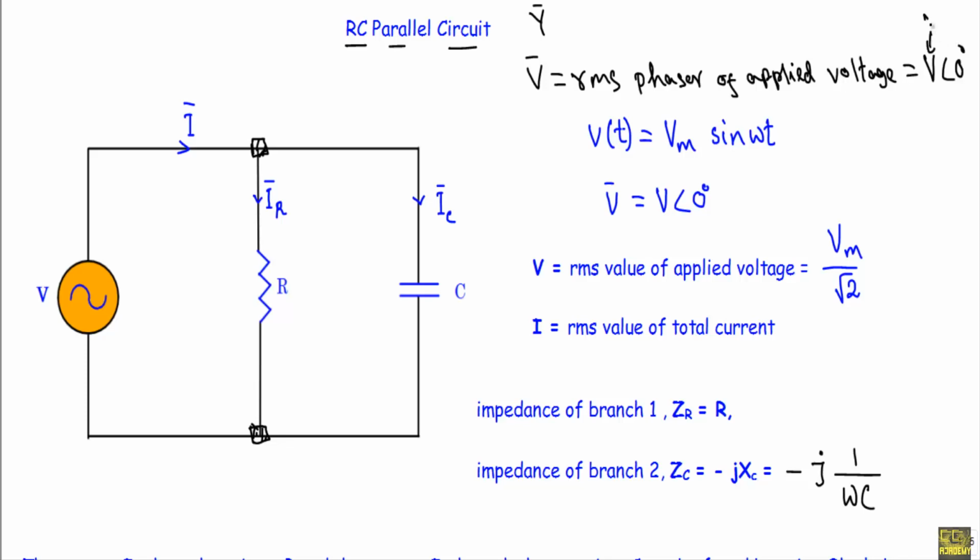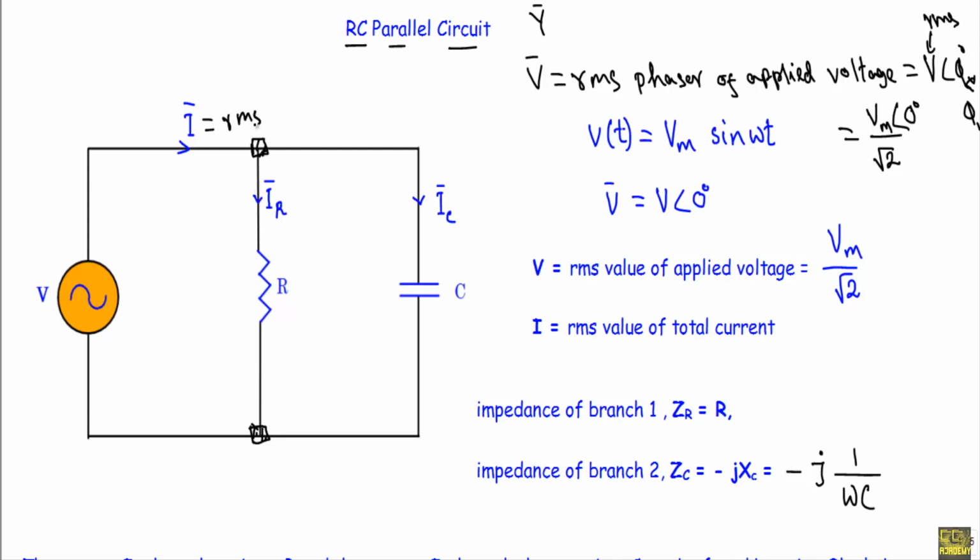This will indicate the RMS value of applied voltage and this will indicate the phase angle phi V. So I can write it like this: Vm over root 2 RMS value phase angle phi V is equal to 0 degree.